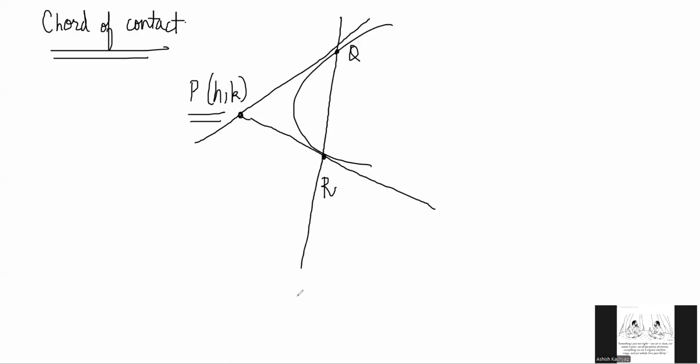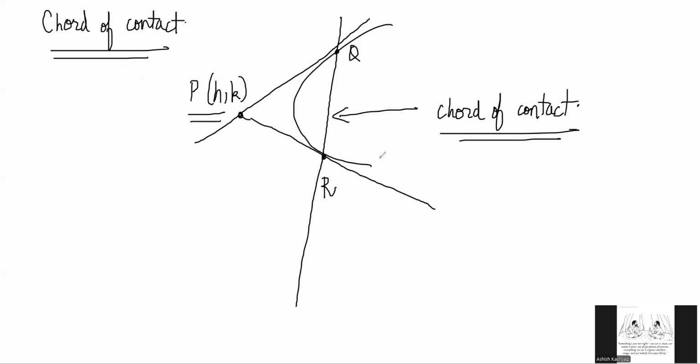So let's say these are two tangents to a parabola drawn from an external point h comma k. From h comma k, you have drawn two tangents. This is point Q, this is point R. The equation of the chord QR. This chord QR is known as chord of contact, because it is the line that connects the points of contact of two different tangents to the parabola, right?